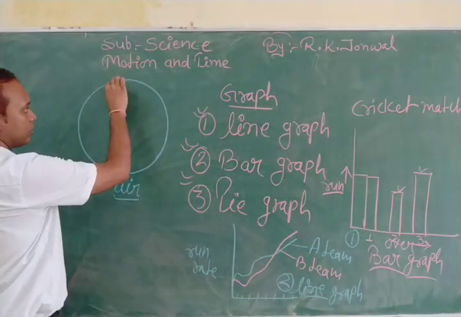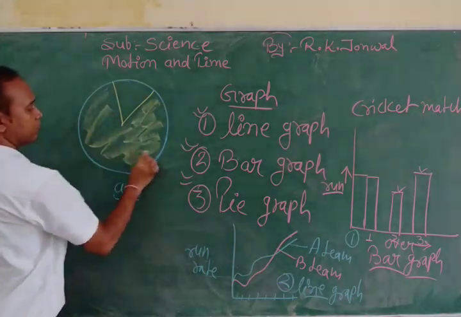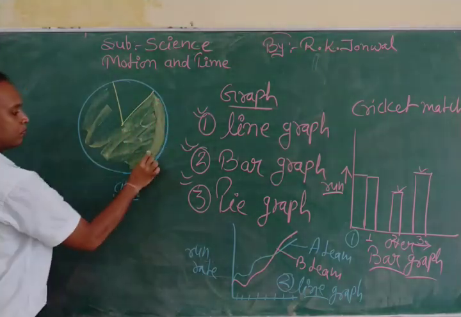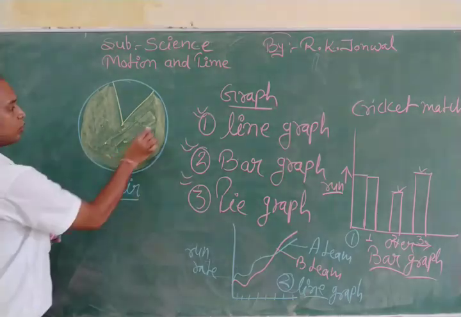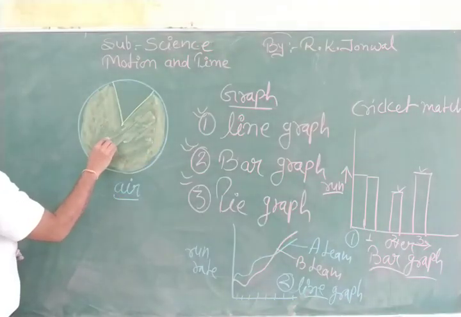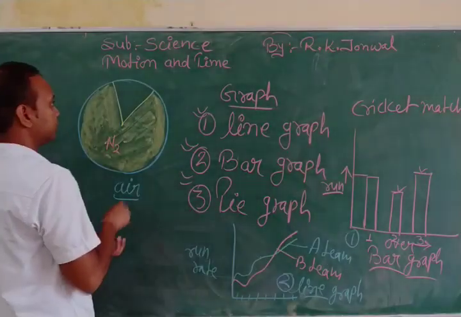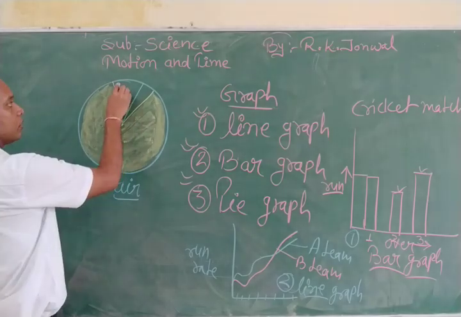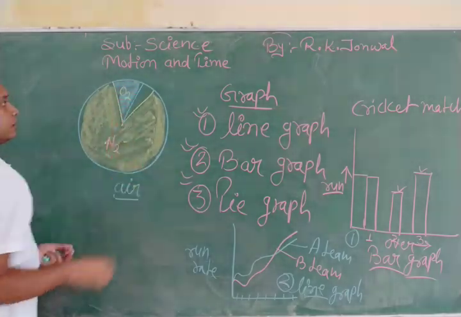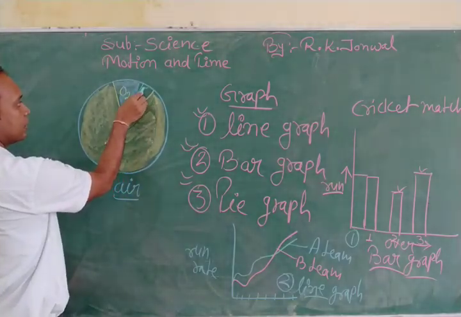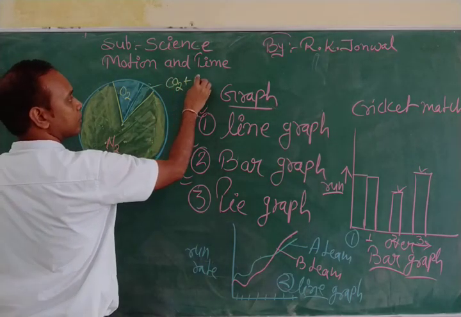We can say that the portion indicated with this yellow color is nitrogen, with this blue color we can indicate oxygen, and with this green color we can indicate CO2 with other gases.